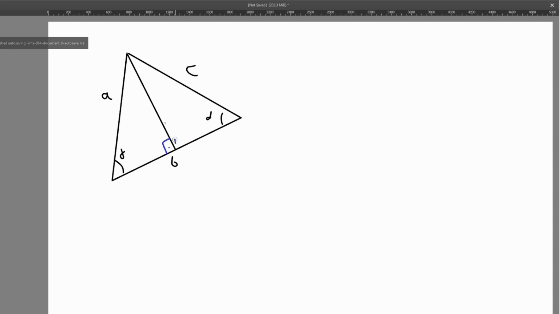So the trigonometry tells us that this length right here is equal to A times sine of gamma. But looking at this side, it tells us that this right here is equal to C times sine of alpha.